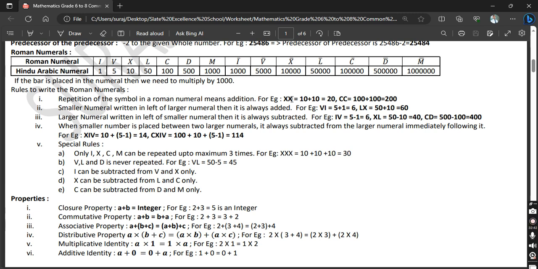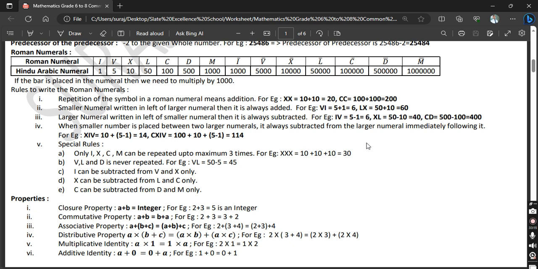Suppose XX, VV, II, or MM is written, then we add the numbers. XX is 10 plus 10, equal to 20. CC is 100 plus 100, equal to 200. A smaller numeral written on the left side of a larger numeral is always subtracted, and a larger number on the left of a smaller number is always added. It is already written over there. I hope you are understanding.